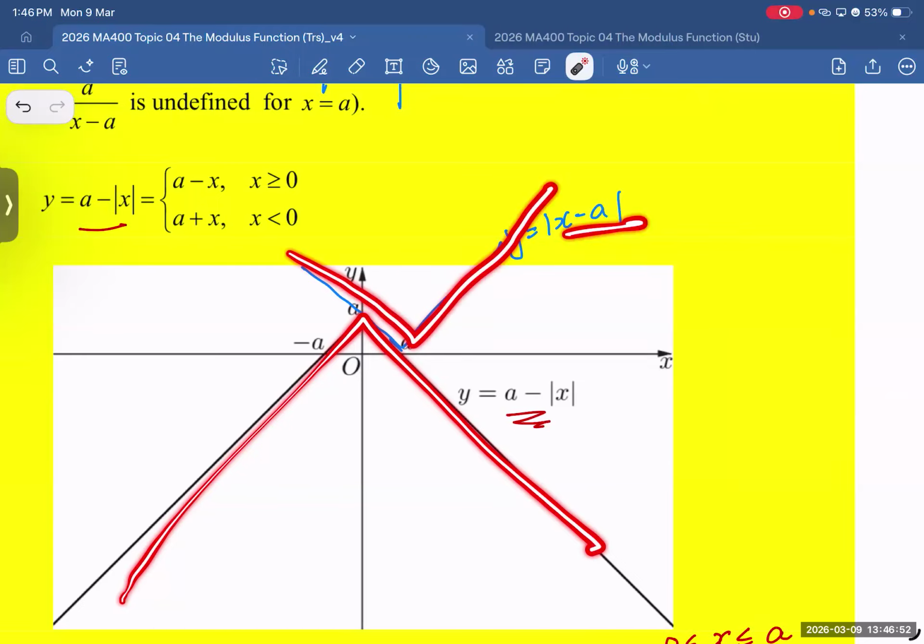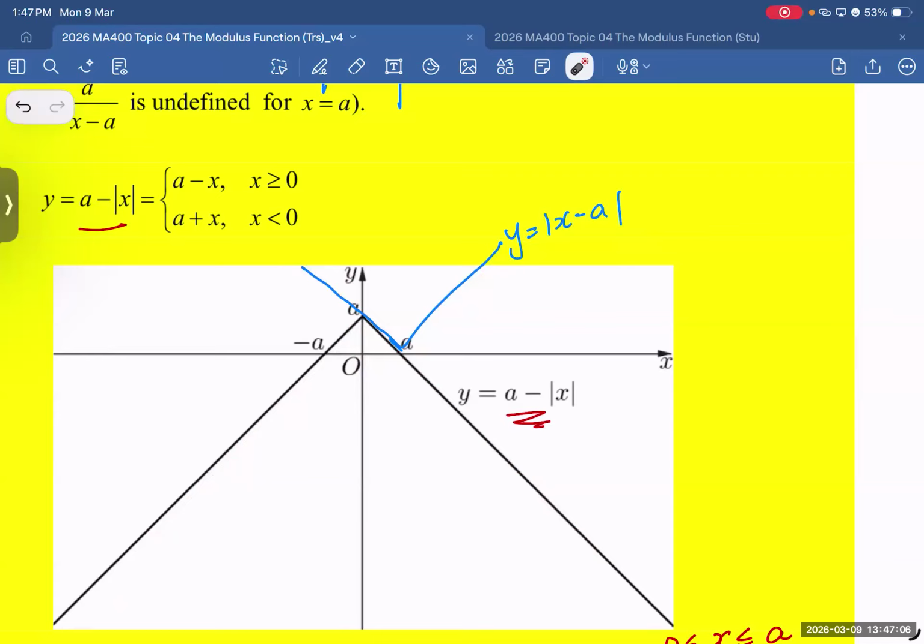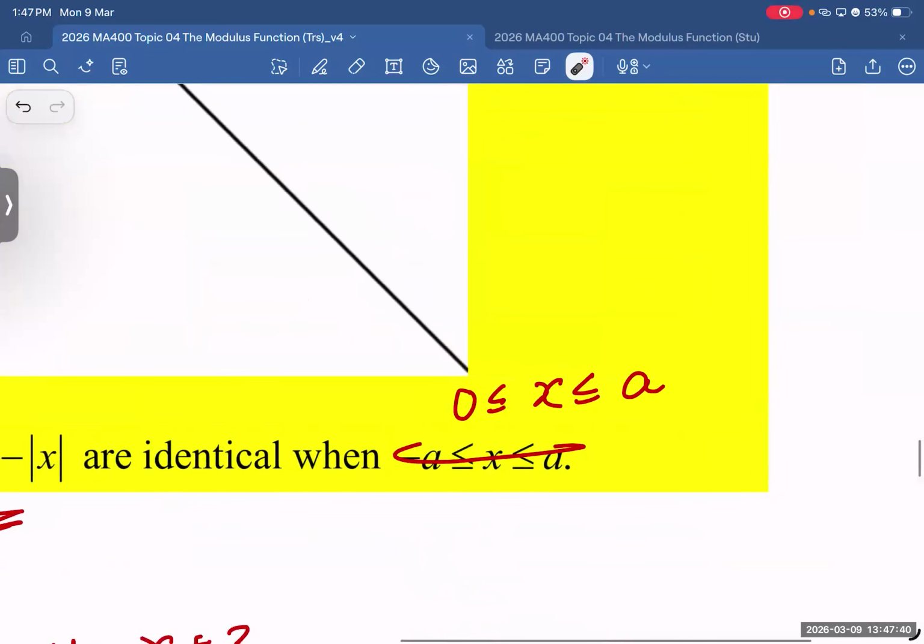Then in this region, where they are identical is where X is between 0 and A. Zero to A, that's the answer.